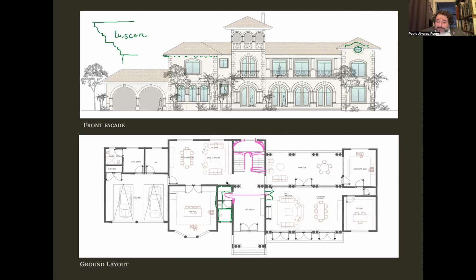Then coming to the studio and, let's call it, the catering kitchen. I find one small problem with the studio here, and it is that in order to get to the studio, you need to cross the sala. So I am thinking of the hypothetical case that you're having the studio, you're receiving a guest, and then you need to cross the whole living room.